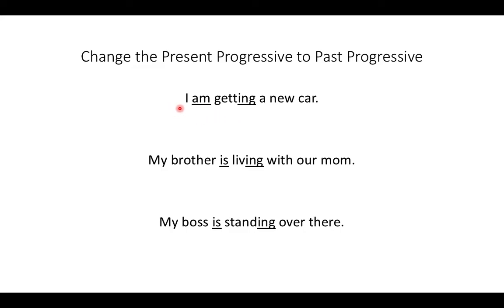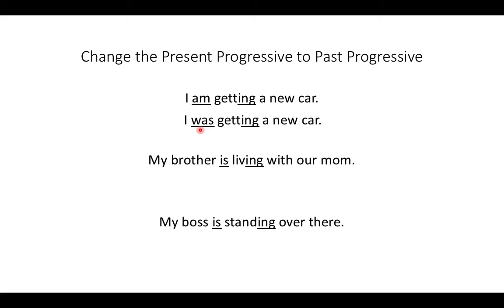So I am getting a new car. So this one is present. And all we have to do to change it to past is we just change this word right here, am, to the past tense version, I was. So it's a little bit like making, let's see, what is it?